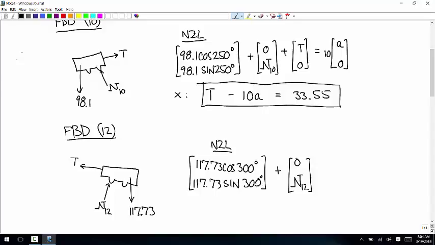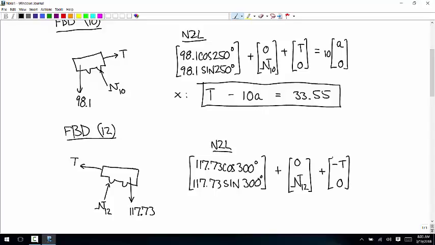We're not using cosine and sine for that. You could also do that as positive T times cosine and sine of 180, and then you wouldn't have to do the negative. But when you say that it's in the negative x direction, you're doing cosine and sine yourself in your head. This normal is in the positive y direction. It's up, yeah. And then plus negative T0.